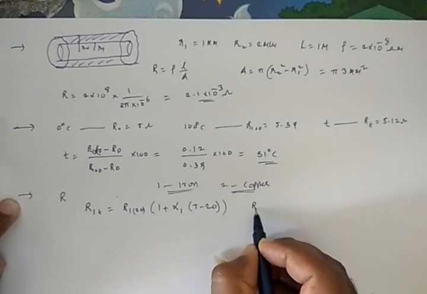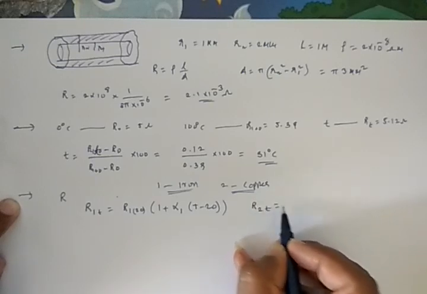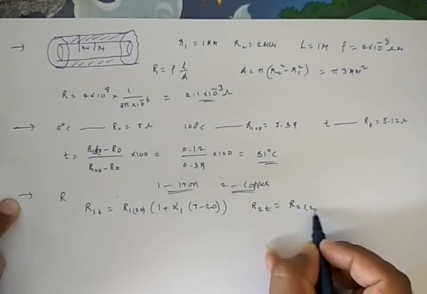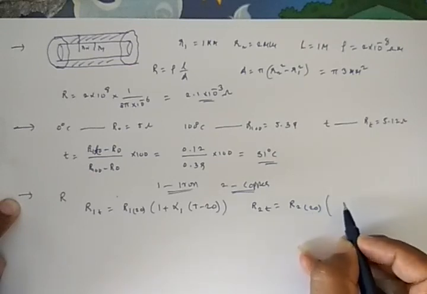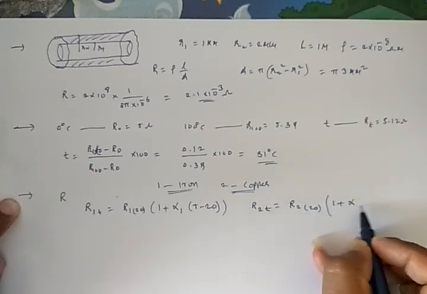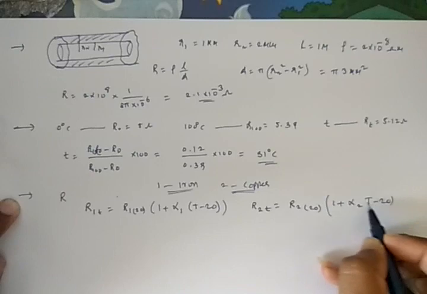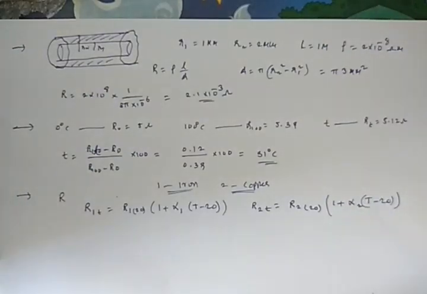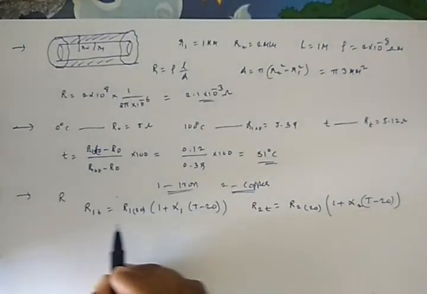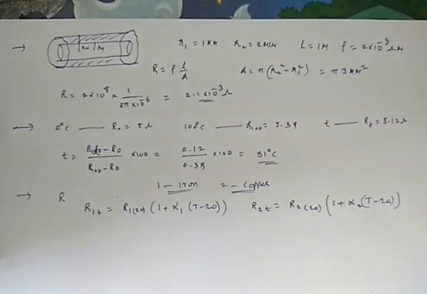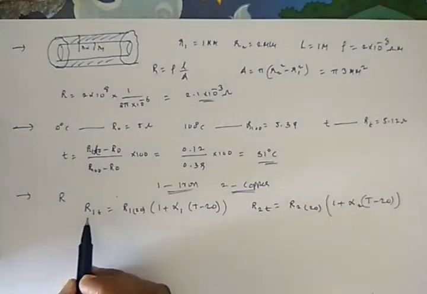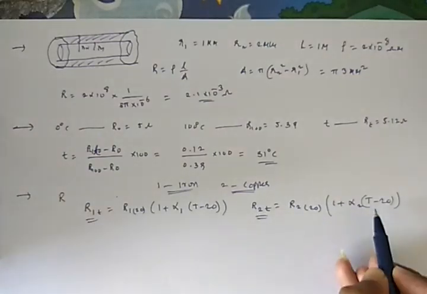Similarly, for the second wire, R2 at temperature T equals R2 at 20 degrees centigrade, that is the reference temperature, into 1 plus alpha 2 into T minus 20. See, as you increase the temperature, this increases and that also increases. The increments may not be the same, but at some point this value may equal that value for a particular temperature. That temperature we need to find.